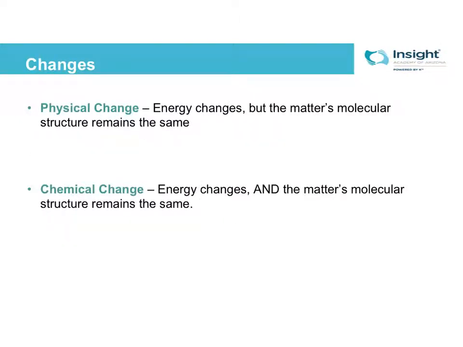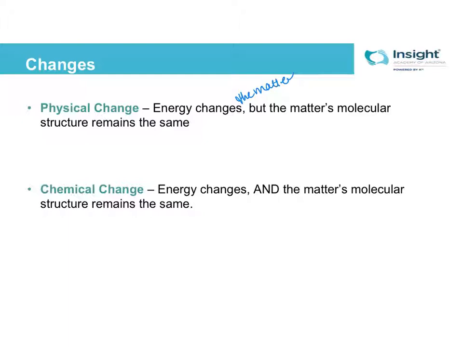So the other thing you want to focus in on is the two different types of changes that energy can cause. Energy can cause what we define as a physical change. So the energy changes the matter, but the matter's molecular structure remains the same. So you start with water, you heat it up, cool it down, something like that.